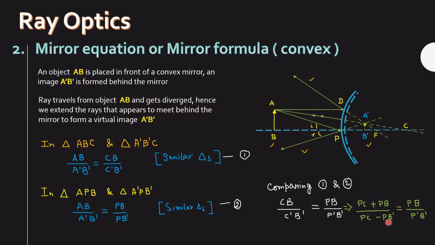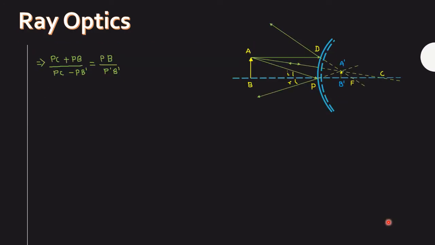Proceeding further, the equation takes the form r minus u divided by r minus v is equal to minus u by v, where PB is considered as minus u, the object distance, and P prime B prime is considered as v, the image distance. The image distance is positive and the object distance is negative as per the sign convention, and PC, the radius of curvature, is also positive based on the sign convention.